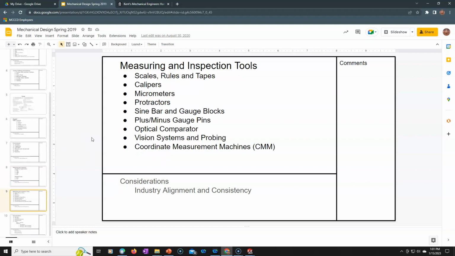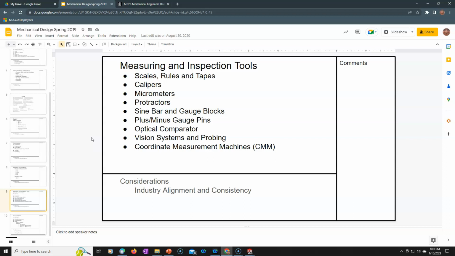With our measuring and inspection tools, we would have the scales, rules, and tapes, just different ways of having the same convenient inch and millimeter references. Calipers are going to go one level further.